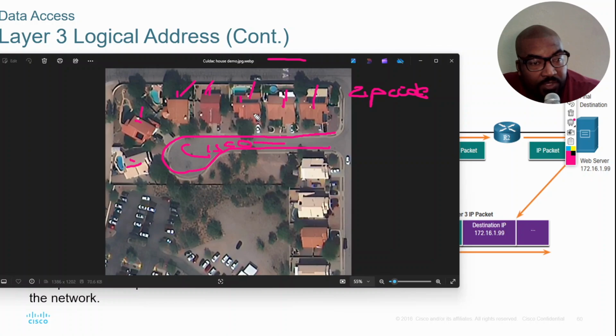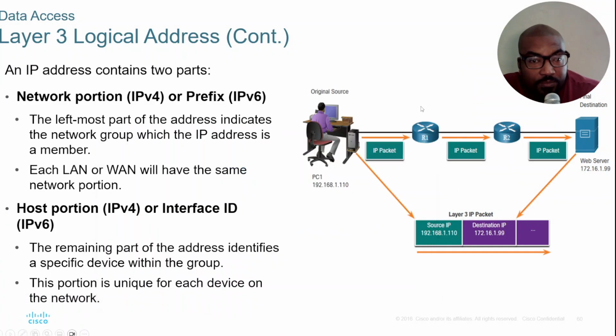So these are going to have different hosts, the different numbers. So the static portion of this block, I kind of gave you the answer already, is going to be the Cisco Street, and they're all going to be in the same zip code, right? But the host part, the part that's dynamic, is the different numbers of those homes.